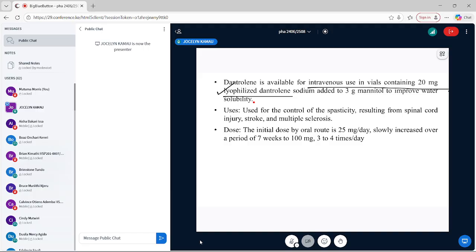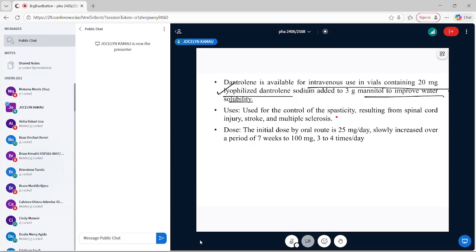Once you give it as an intravenous injection, remember solubility is very important. So it's lyophilized and then added mannitol to improve water solubility. Remember, mannitol is a sugar which has very many hydroxyl groups.